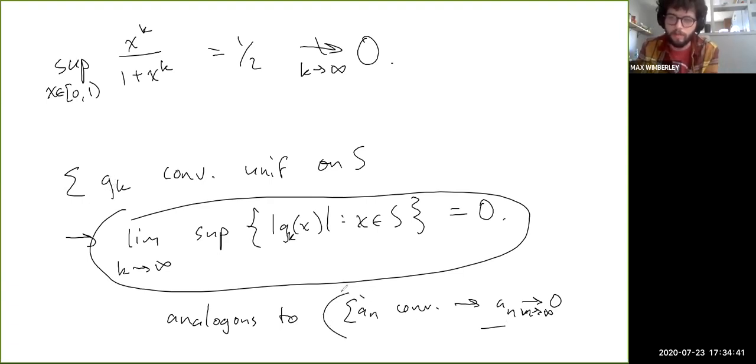But we're saying something stronger: the biggest value of gk of x for each k, which might be happening at different x's, even though this might not be achieved, the places in S where gk of x approaches this upper bound might be totally different for different k's, but overall these least upper bounds on gk have to go to 0. So the fact that the least upper bounds on these gk's are constant at 1/2 means that the convergence automatically can't be uniform.